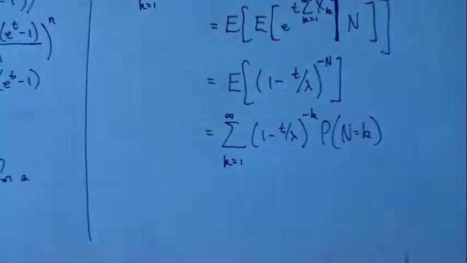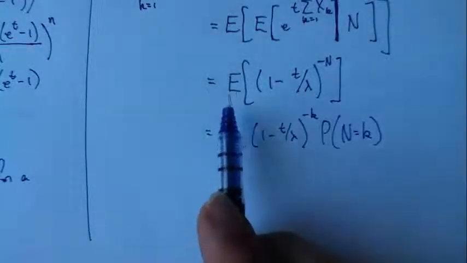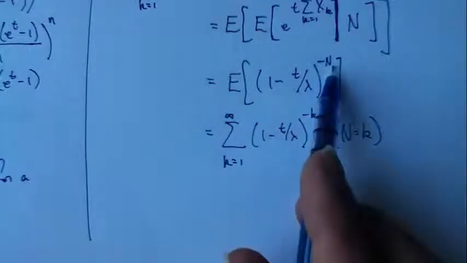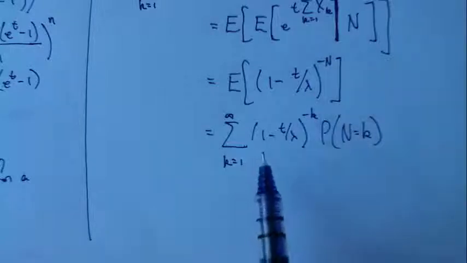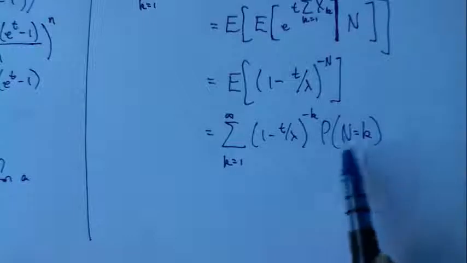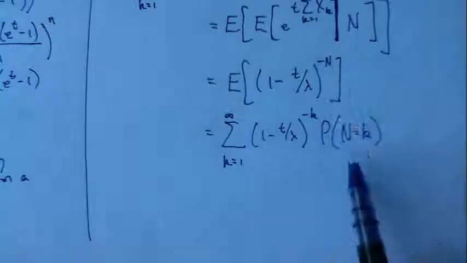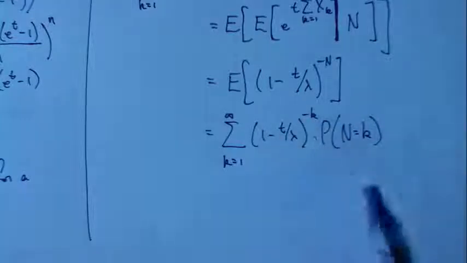I'm taking the expected value of a function of a geometric random variable. This is important to see. To carry that out, it's just the weighted average, averaging against the probabilities of the random thing.